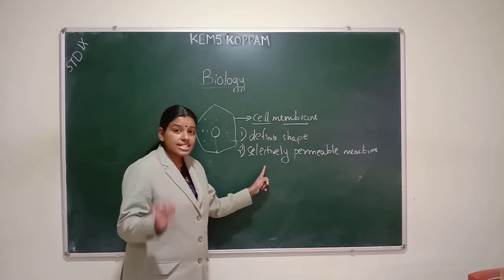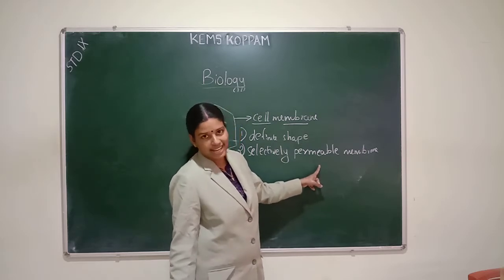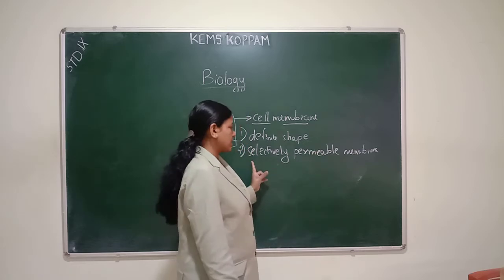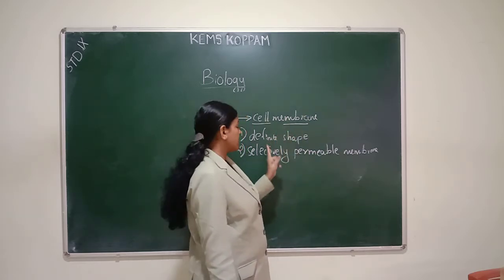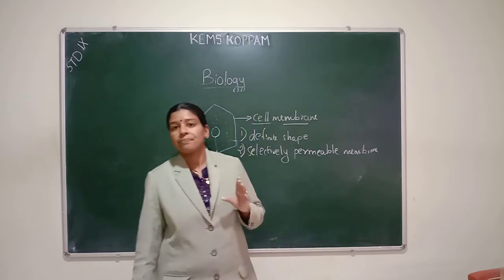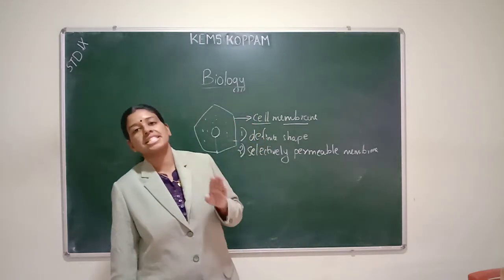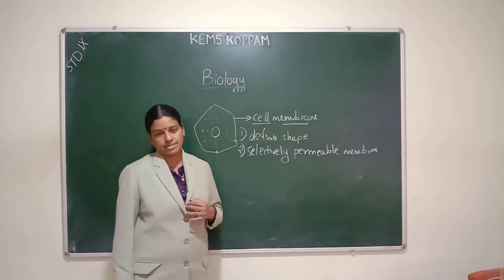Selectively means selected substances; permeable, permeability, you know the meaning, allowing; and membrane. The cell membrane is otherwise known as the selectively permeable membrane because it allows selected substances to enter and exit the cell. Entry is allowed only to selected substances.